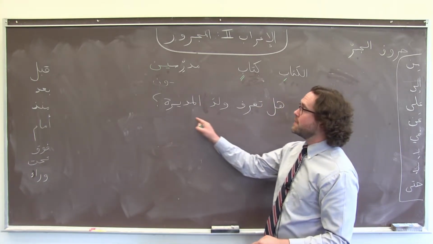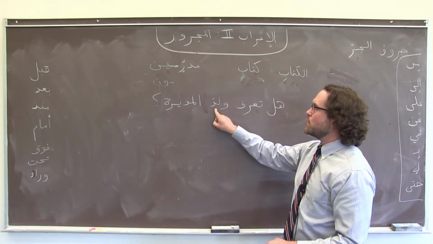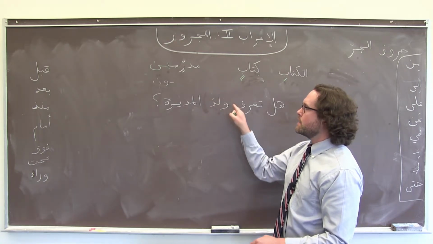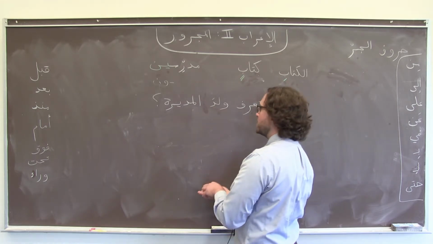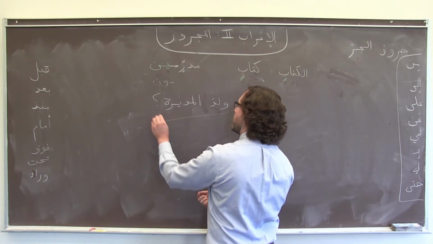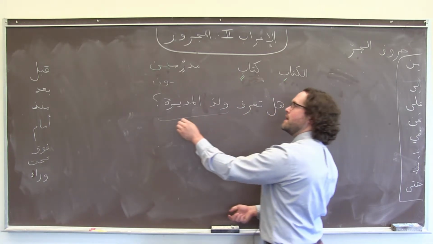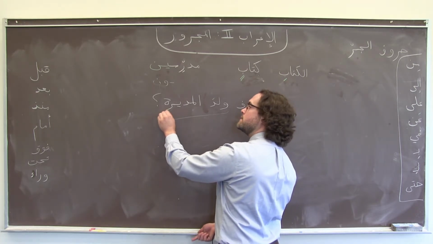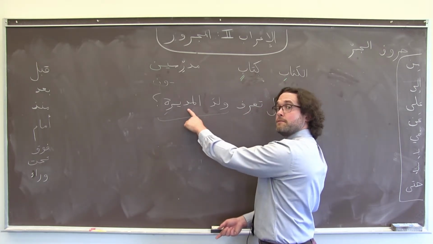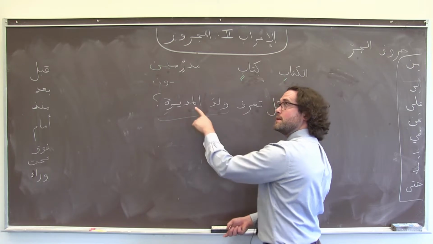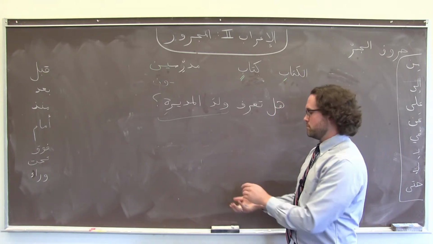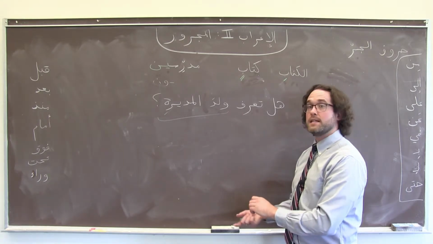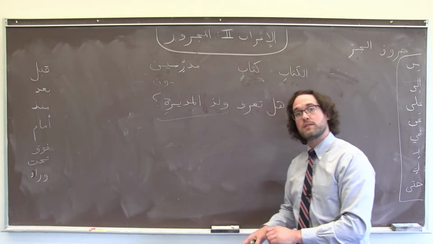However, because it's part of an idafa, it's not going to take an alif lam, and it's not going to take tanween. This is a complete idea. ولد المديرة. Because this is not the first word of an idafa, it needs to take majroor. هل تعرف ولد المديرة؟ if we were pronouncing that final case ending.